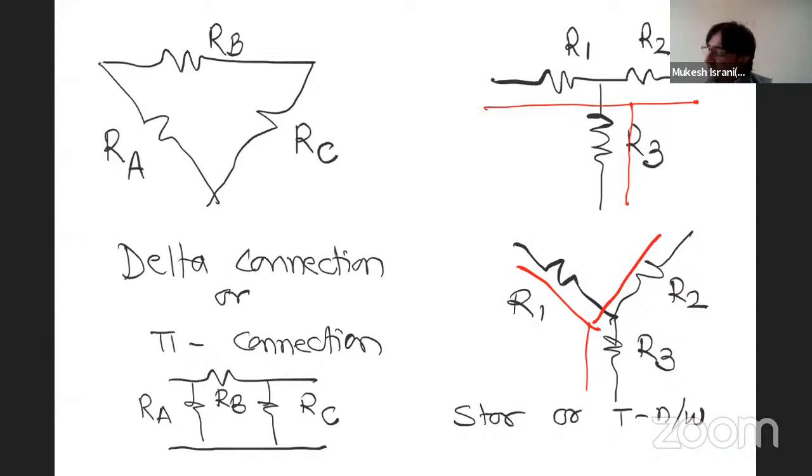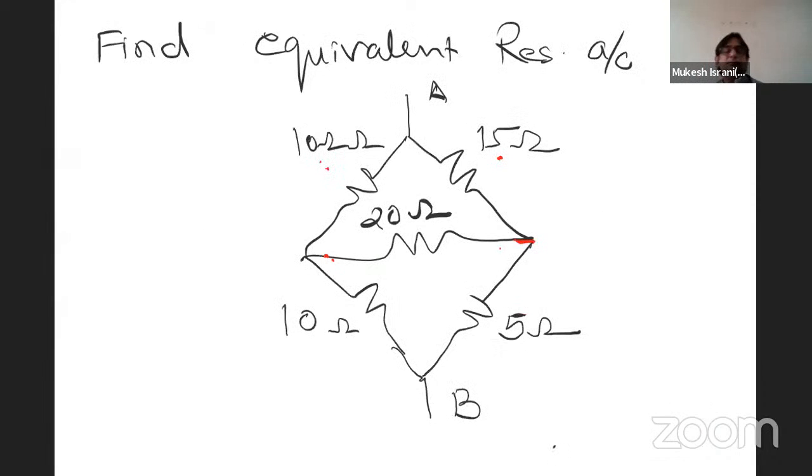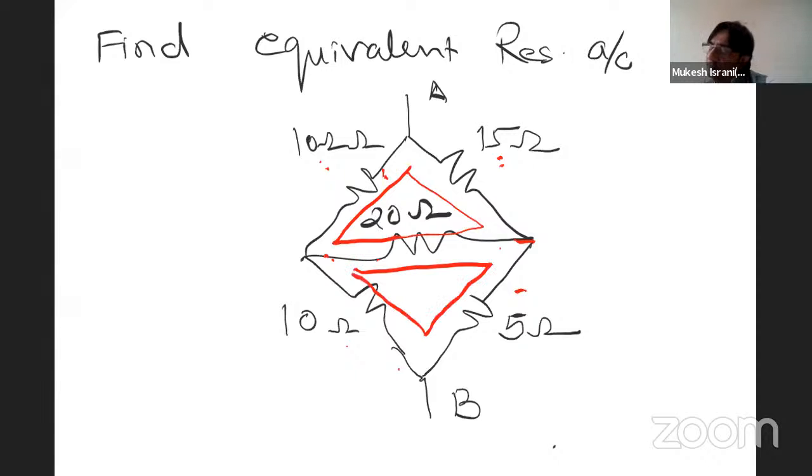Now, in the diagram that I showed you, you can see that neither of these two resistances, or these two, or these two are in series or in parallel. But what we can see is that the lower one forms a delta. We don't need to do both as deltas, but the upper one is a delta.